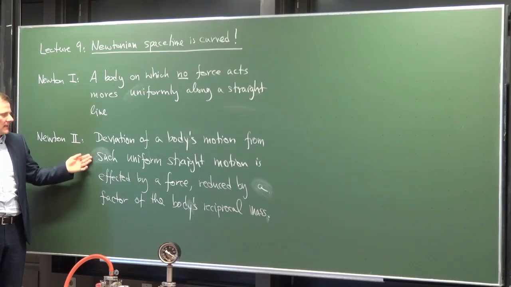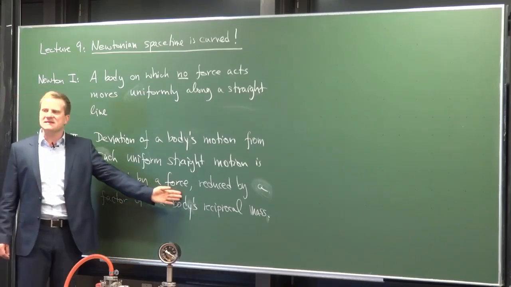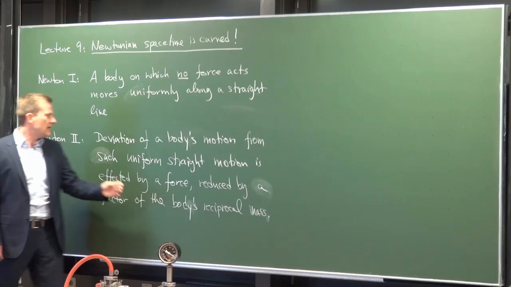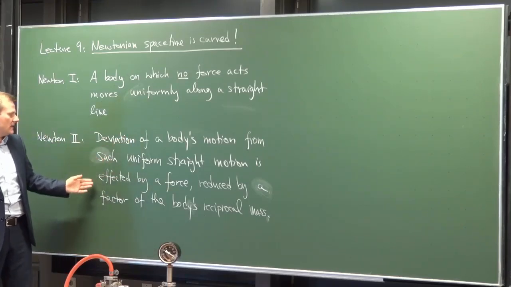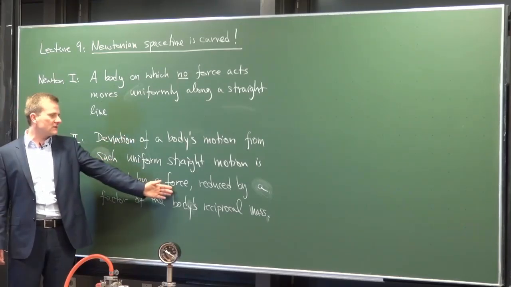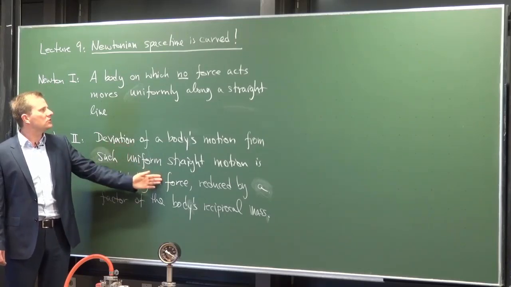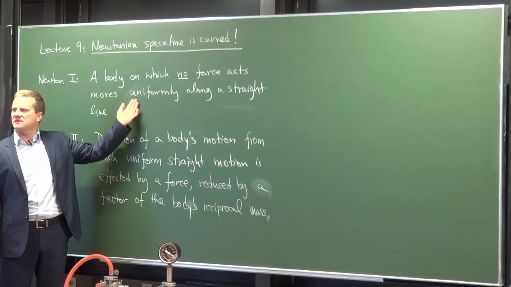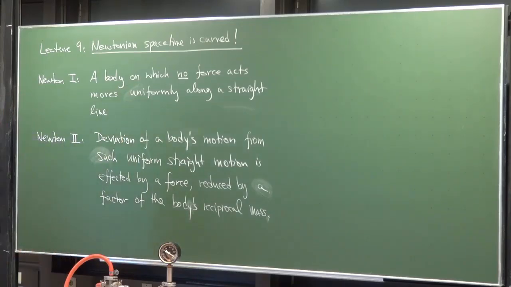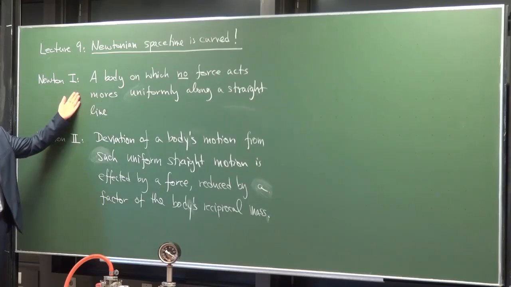Because if in the second axiom I say the force vanishes, then deviation of a body is affected by a vanishing force, so there is no deviation from the straight uniform motion. So if you read the first axiom like an axiom that says what the particle does, it becomes a special case. Newton wasn't that naive.